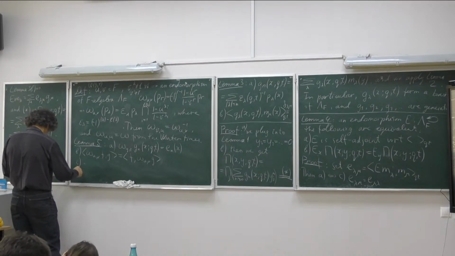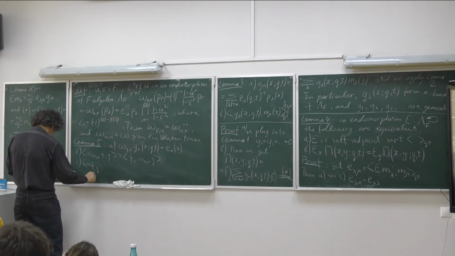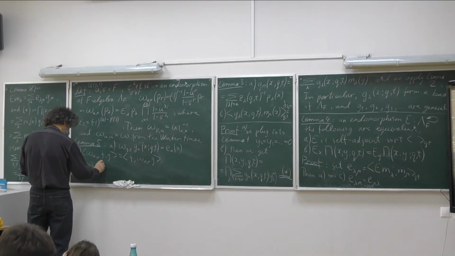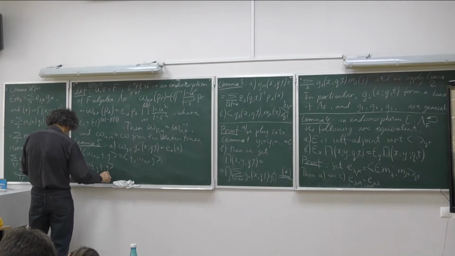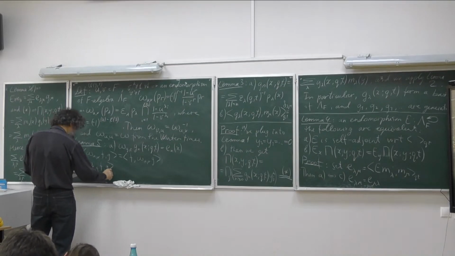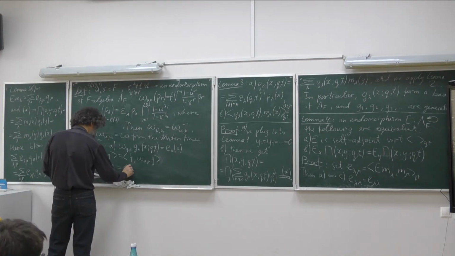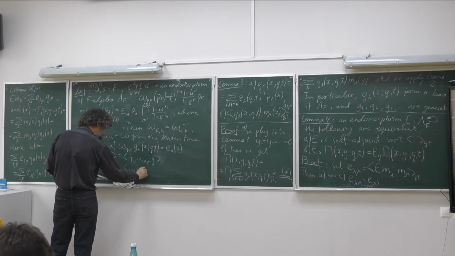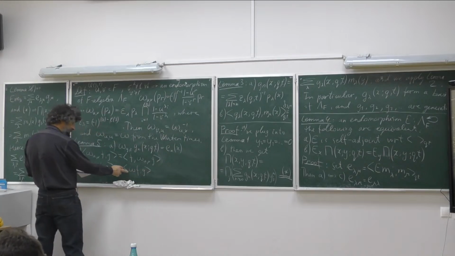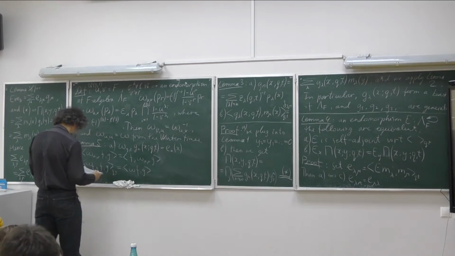Next, omega_{t,q} of f and g with respect to the deformed scalar product is the same as the scalar product of omega f and g, the usual non-deformed involution and non-deformed scalar product.